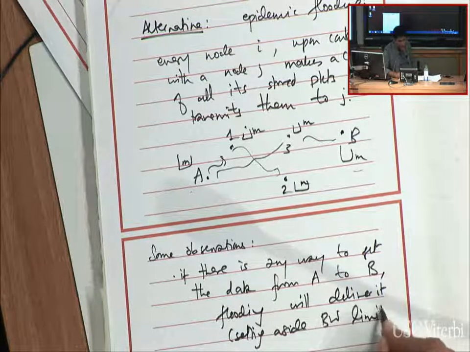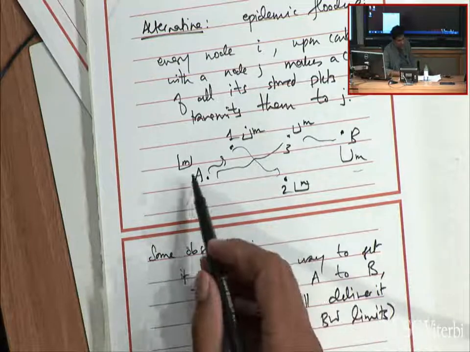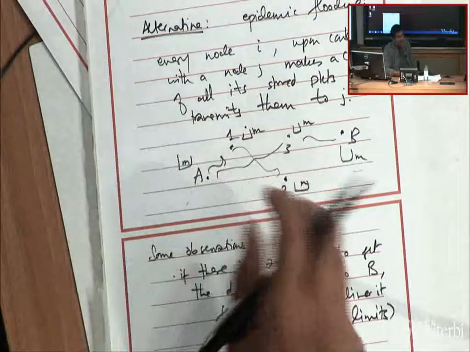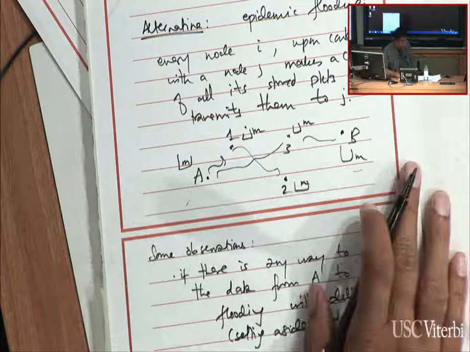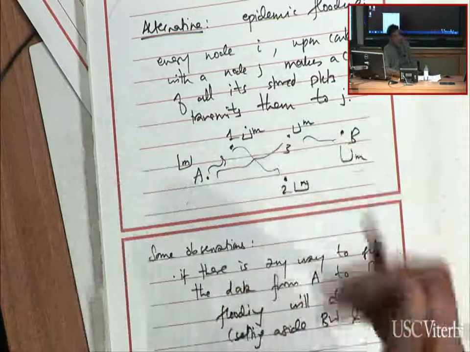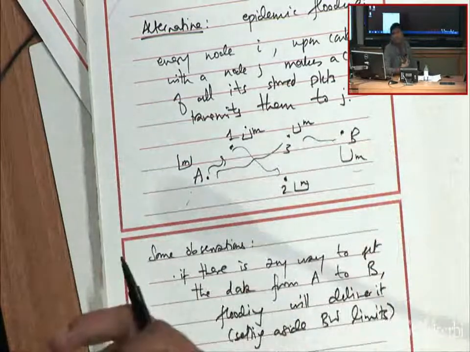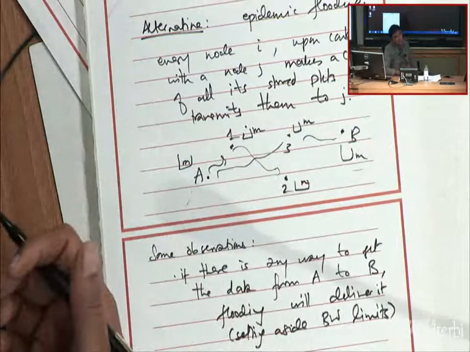There is one case when it won't work, which is that the data itself is so large and every encounter so short that copies don't get made. But assuming you have enough time to do the copying, and there's not so much data, then if there's any way at all that the data could have spread to B, it would spread, because every transmission opportunity was taken advantage of.